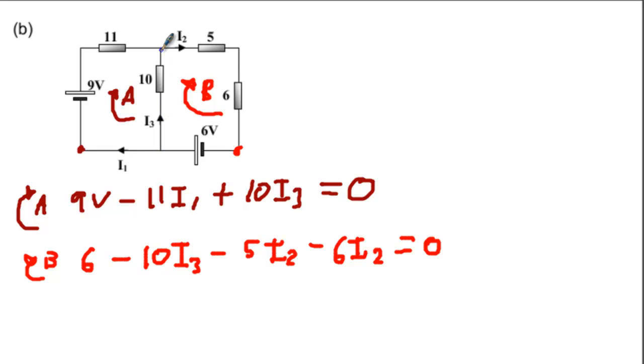We've got I3 going in, we've got I1 heading in as well. So we've got I1 plus I3 equals I2. So that's our third equation. What comes out is equal to I1 plus I3. Okay, we can rearrange this.